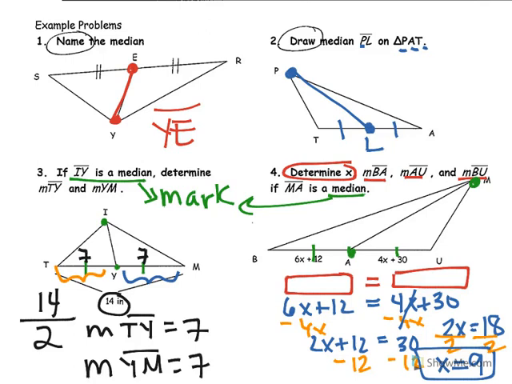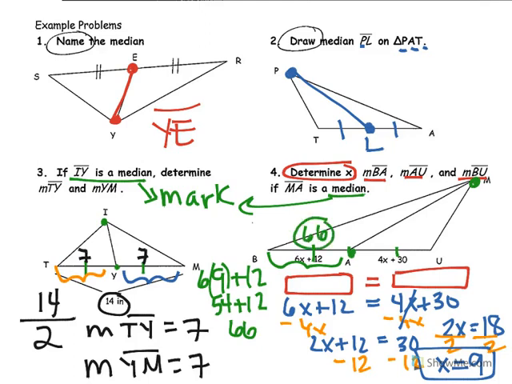I want to find the measure of BA. Well, BA is this chunk here, so I'm going to plug into 6 times x, which was 9, plus 12. 9 times 6 is 54. 54 plus 12 gets me 66. So BA is 66. Right away, I should know AU because those two are congruent, right?